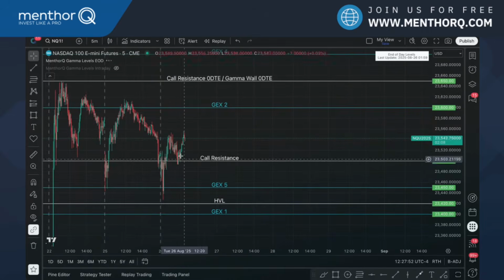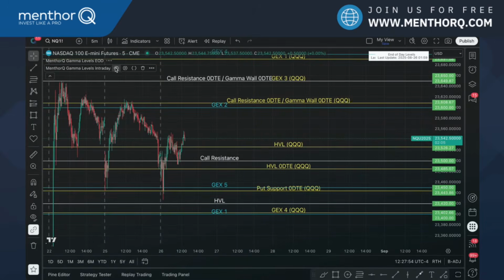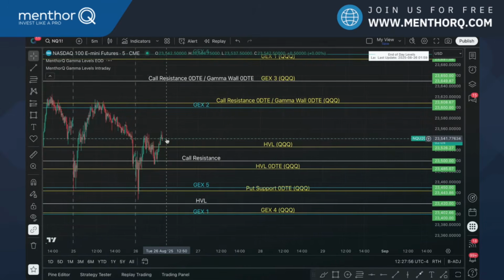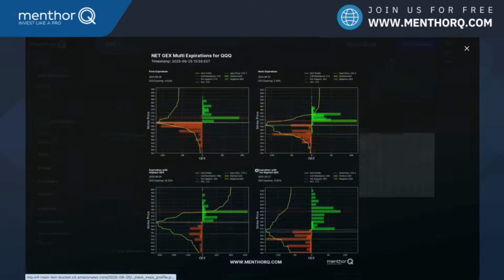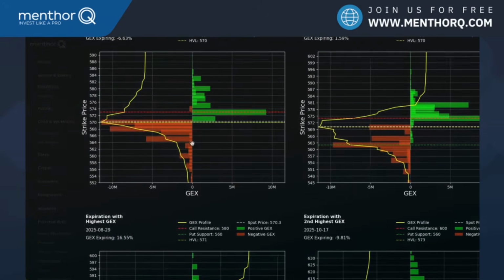We have our core resistance there, but then we can overlay that with our QQQ level, and we see the strong put support 0DTE level here that acted as really a support. And then we can come back to the dashboard and we can see how big this support level is, looking at the bars here.